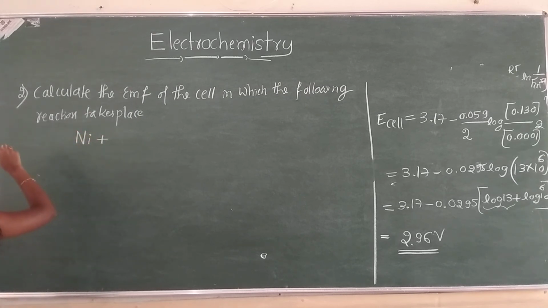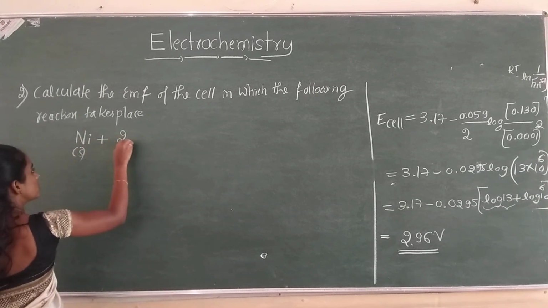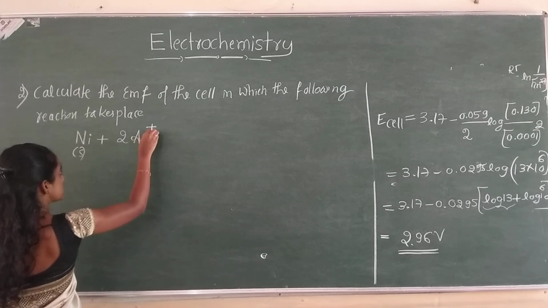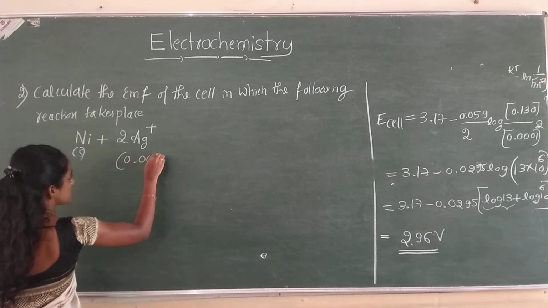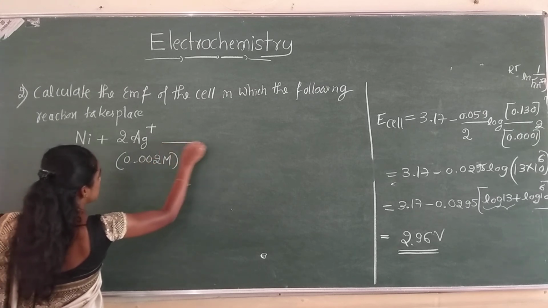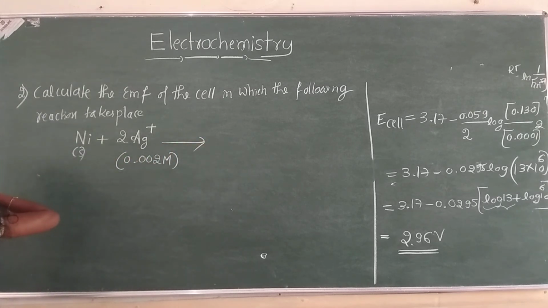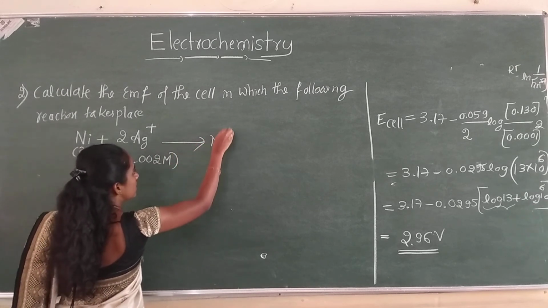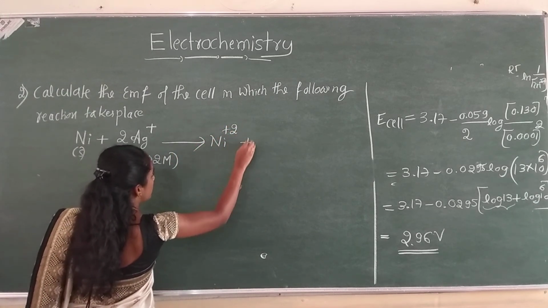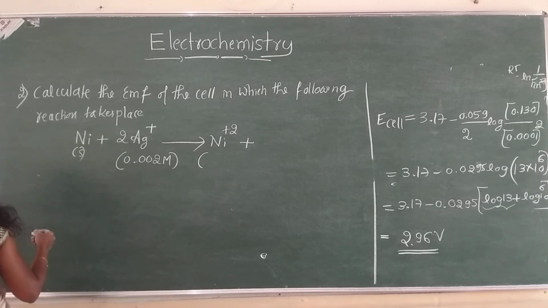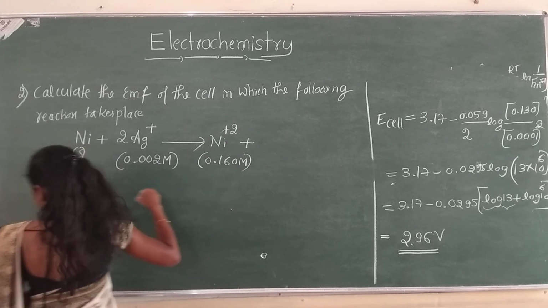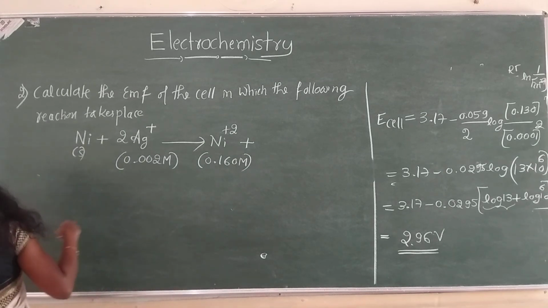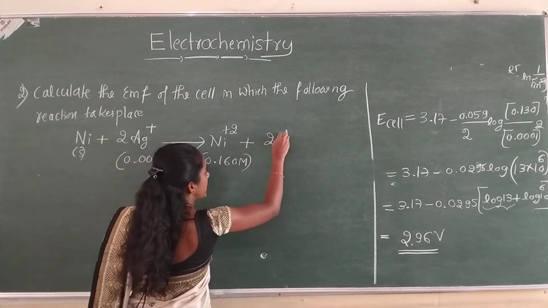Write it down. Nickel solid plus 2Ag+, where the concentration is 0.002 molar, gives nickel in +2 state, where the concentration is 0.16 molar, plus 2Ag.